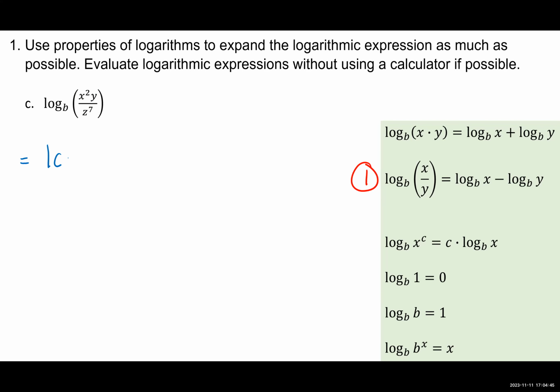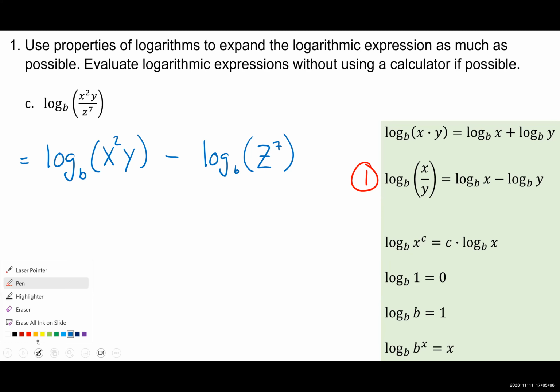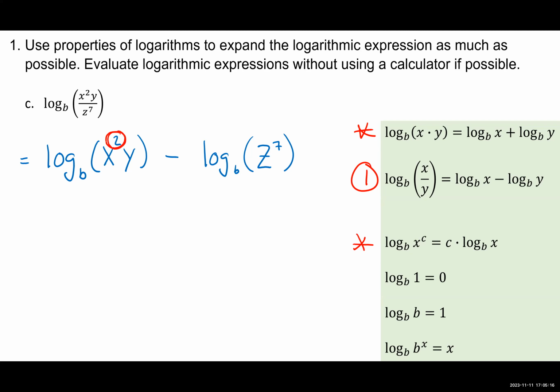So this is the log of the top, log base b of x squared y, minus the log base b of z to the 7th power. Now, do we use the multiplication rule or the exponent rule next? Well, the exponent rule doesn't work: this exponent doesn't affect the y, it only affects the x.